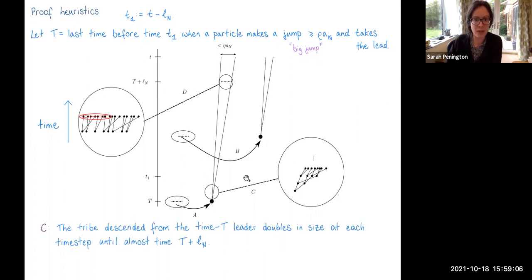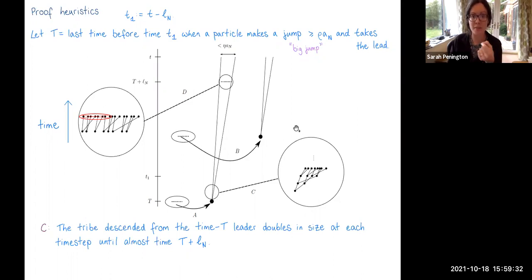So what C is showing you is a zoom in of the descendants of this single particle that made this big jump. It's saying that the tribe descended from the time t leader doubles in size at each time step up to almost time t plus ln. That's because there are only little o of n particles that get ahead of this tribe.